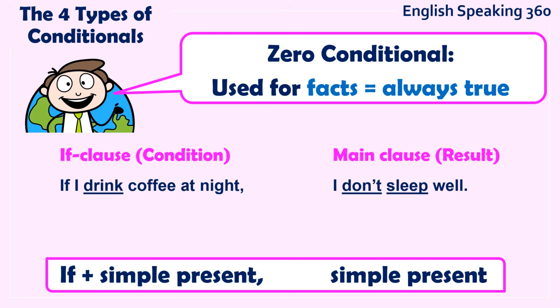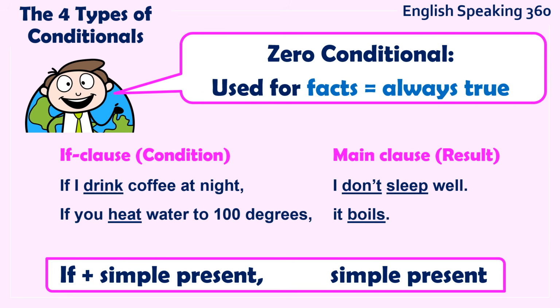The first is the if clause, the condition. So if I drink coffee at night, when the condition is met, the result happens: I don't sleep well. And also notice the verb tenses. If plus simple present, and in the result clause is also the simple present.